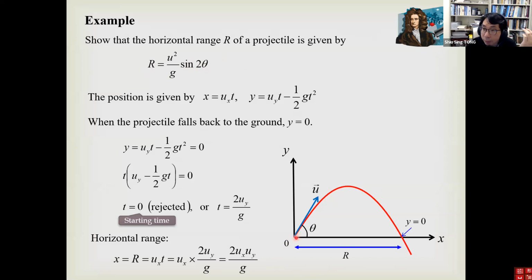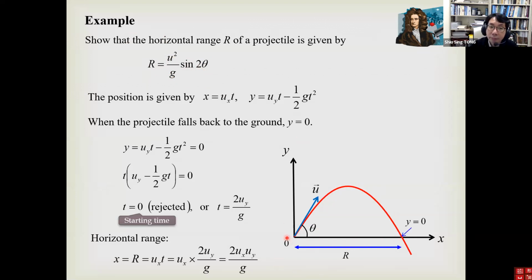What I mean by range is that when the projectile returns to the ground again, what is the horizontal distance between the destination and the initial point of projection? That is called the range of the projectile. And I will show you that the range is given by u squared over g, which is initial velocity squared over g, multiplied by sine 2 theta, where theta is the angle of projection.